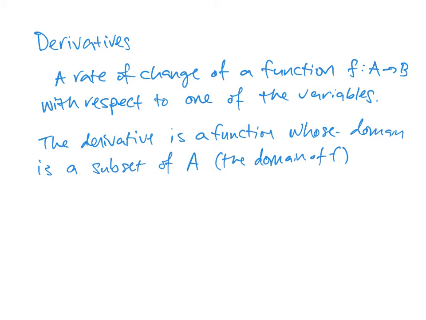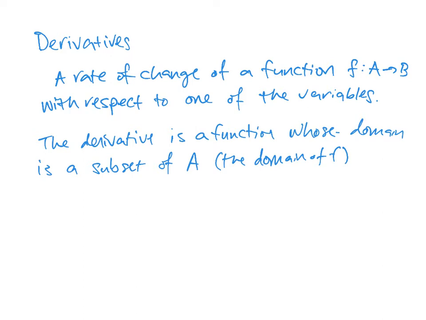And if you can't take it anywhere, then your derivative just doesn't mean anything. But in some places you will be able to take it, and that's when the normal concept of derivative makes sense.